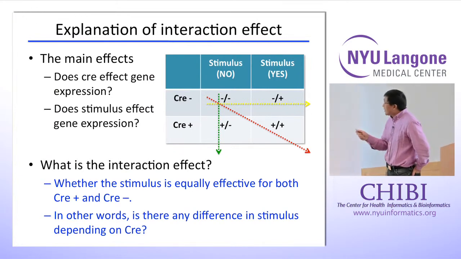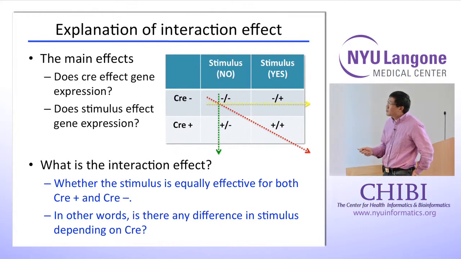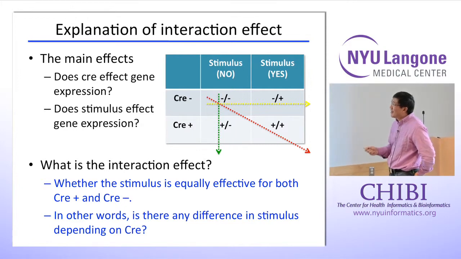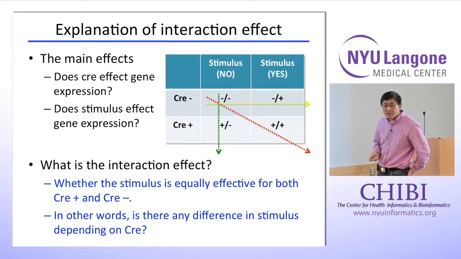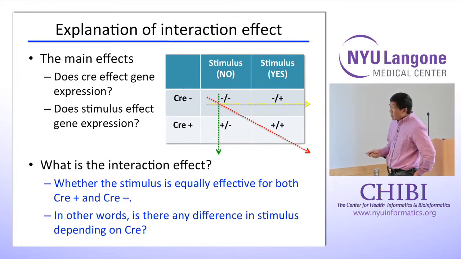It's really easy to understand what the main terms mean. That's knockout-affected genes and stimulus-affected genes. That's the yellow line and the green line. But what's really hard to understand is this red line, which we call the interaction term. What does that interaction effect mean?